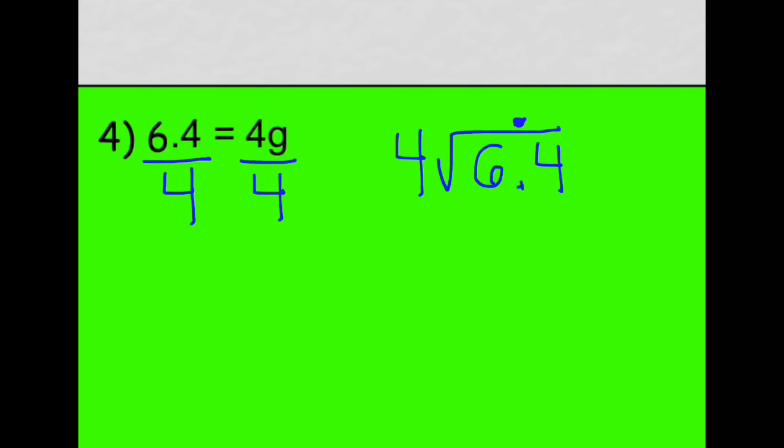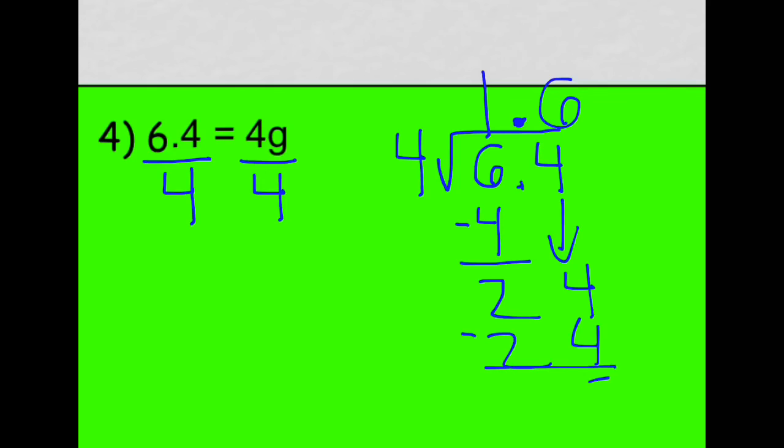How many groups of 4 fit inside 6? 1. 1 times 4 is 4. 6 minus 4 is 2. Bring down the 4. Now, do 24 divided by 4. 24 divided by 4 is 6. 6 times 4 is 24.